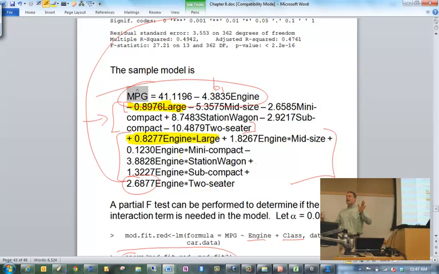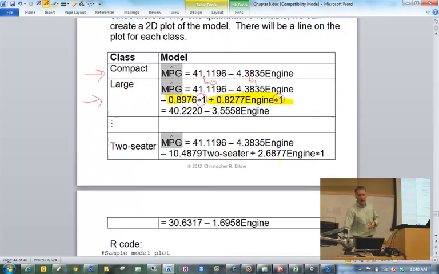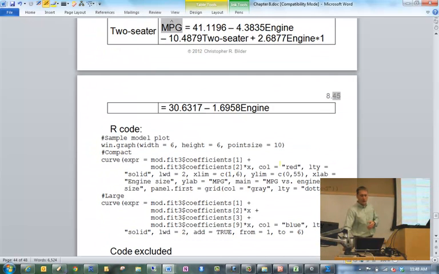All the other indicator variables that are not highlighted are going to be 0. So I can simply write those corresponding terms in here, do a little math, and notice it's just a function of engine now. In fact, I could do that for all the levels of my class variable, and now do a plot.